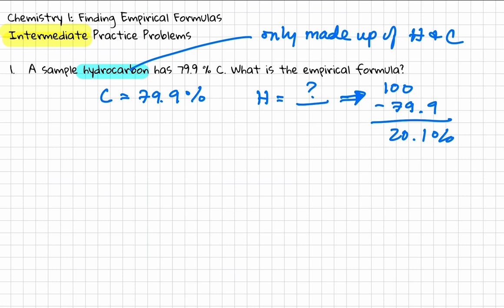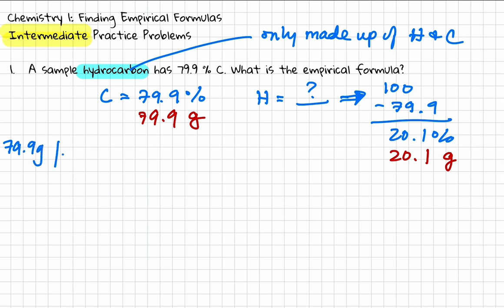Now we have what we need to start the process, because now we can substitute this percentage units to grams. So it's really 20.1 grams of hydrogen and 79.9 grams of carbon.